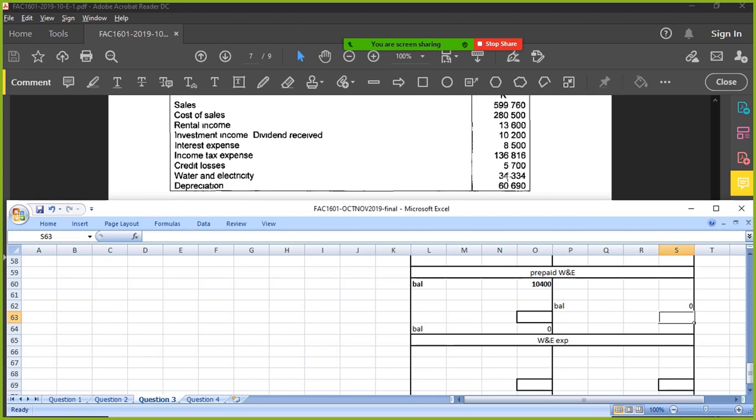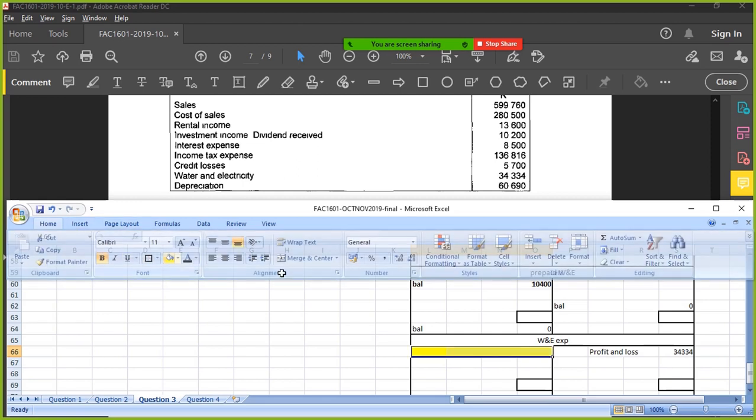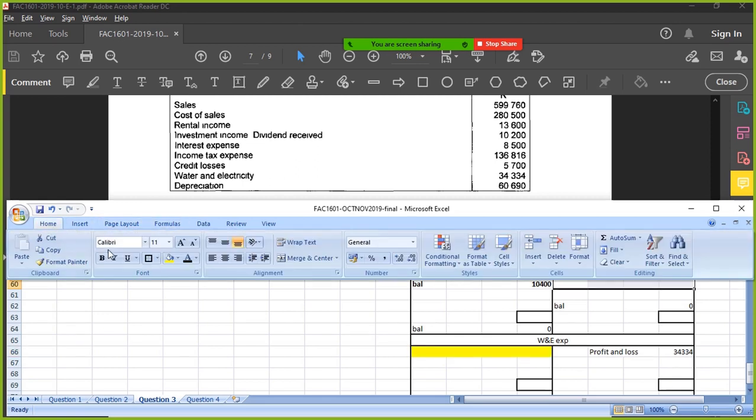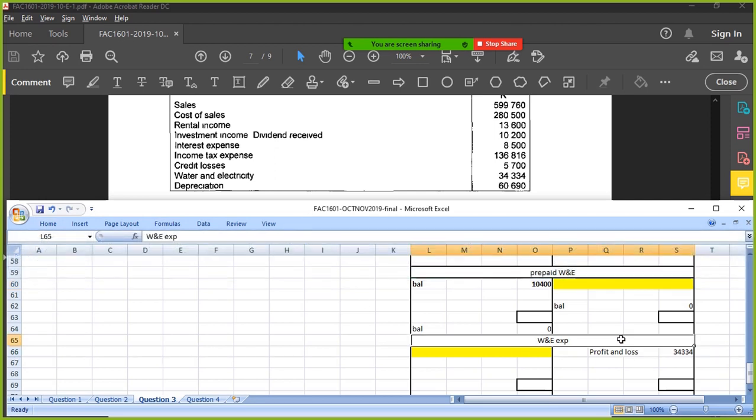Water electricity expense is 34. If it's an expense, we would have closed it off to profit and loss. And that was 34,334. So this we need to close off. We can actually close it off to the water, electricity. It doesn't matter, either or will work.